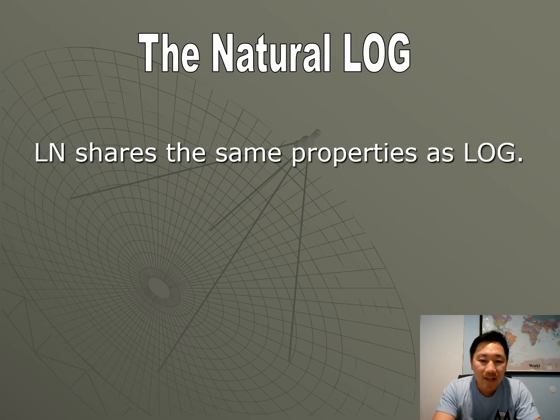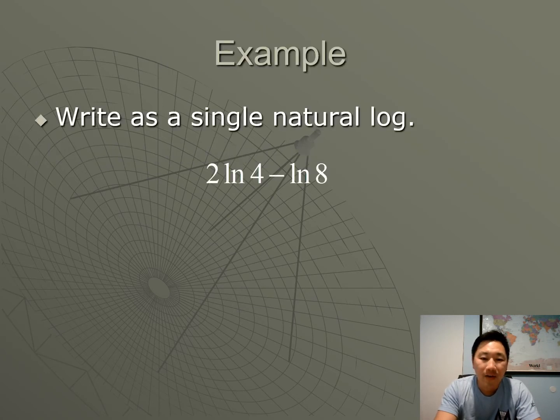All right. The natural log shares the same properties as the regular logarithms. So if I asked you to combine these two as one natural log, you would do the same thing as if it were a regular log problem.